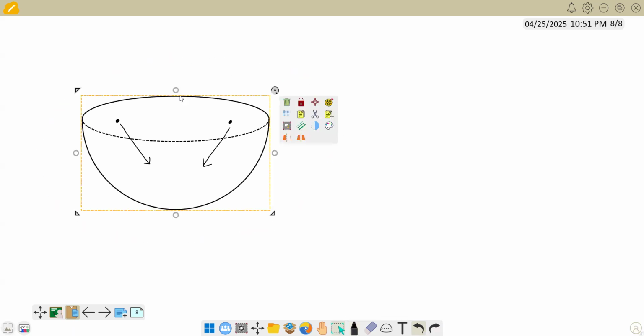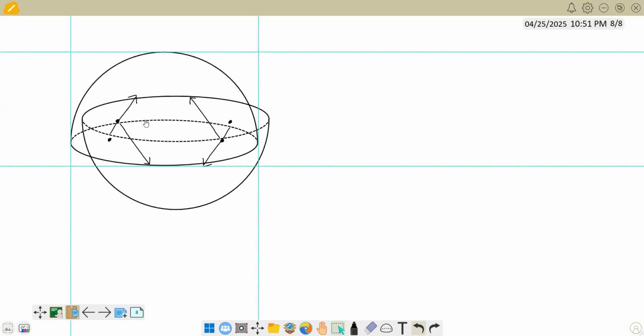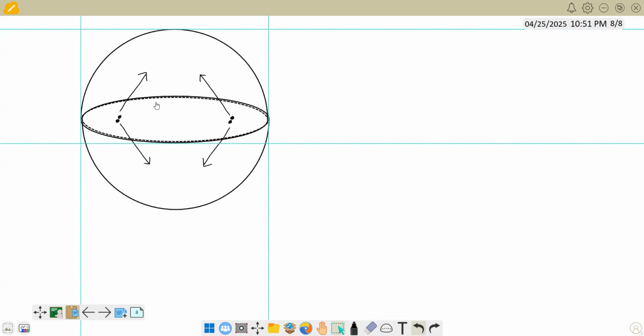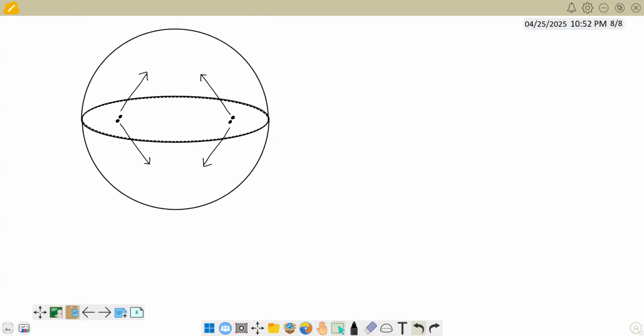Now, if I Control C and Control V this, and if I flip it exactly, and if I place it exactly on top of this, and if I try to resolve them into components, their horizontal components would add up, whereas their vertical components would cancel.